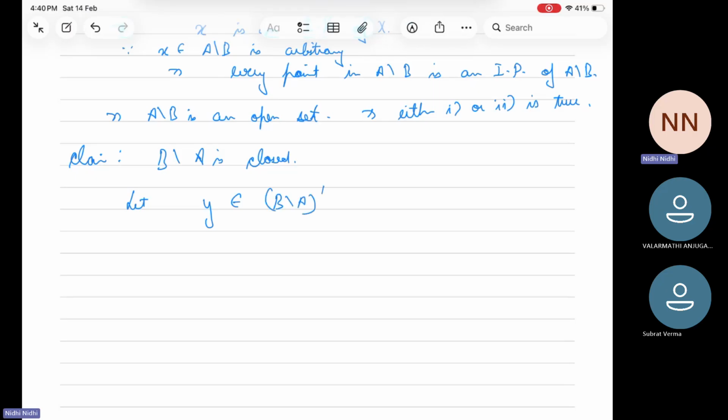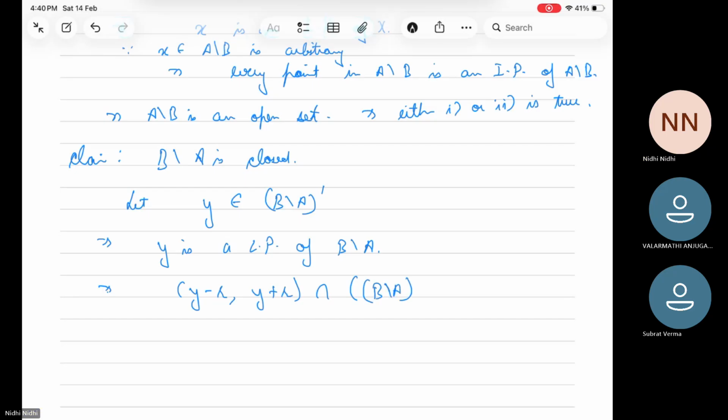That means y is a limit point of B minus A. That means (y minus r, y plus r) intersection (B minus A minus singleton y) is non-empty for every r positive.